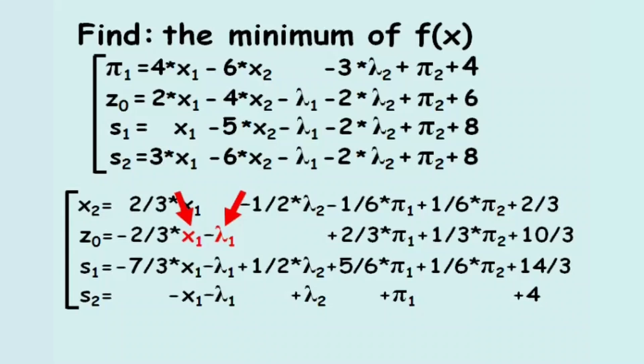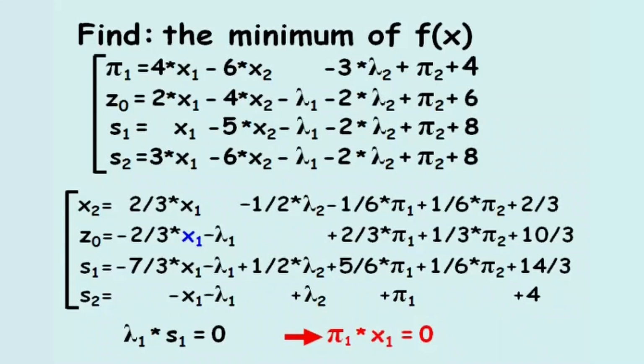As before, complementary slackness prohibits lambda 1 from entering the basis, since variable s1 is 14/3. Variable x1 can enter the basis and become non-zero because variable pi1 is non-basic and already equals 0.